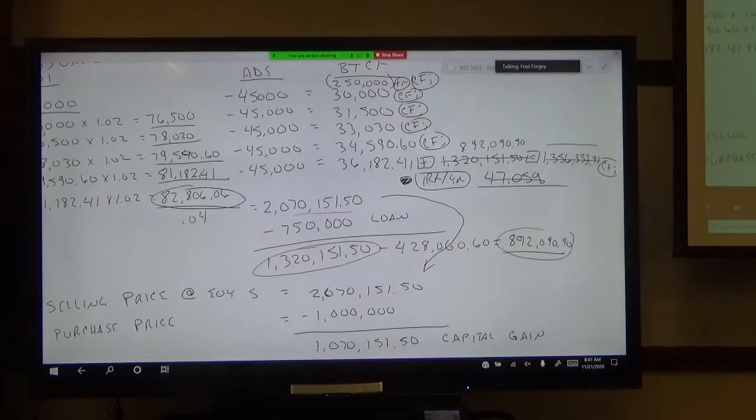All right, so in this case, if we add together the 36,182.41 of the before tax cash flow for year 5, plus the 892,090.90.